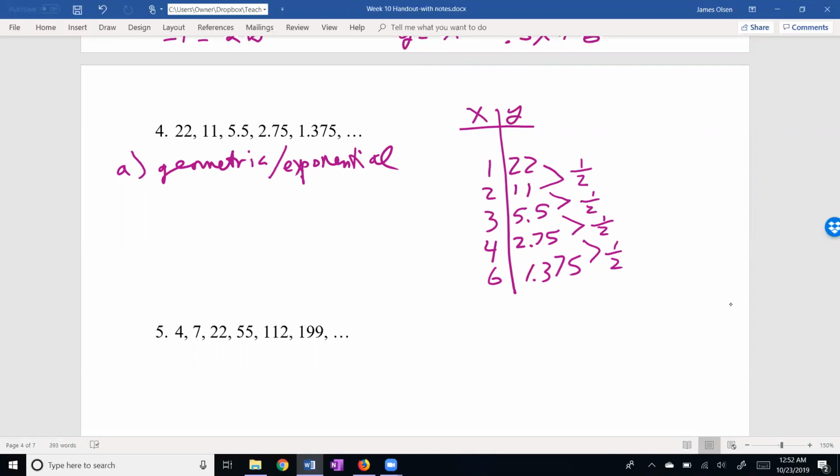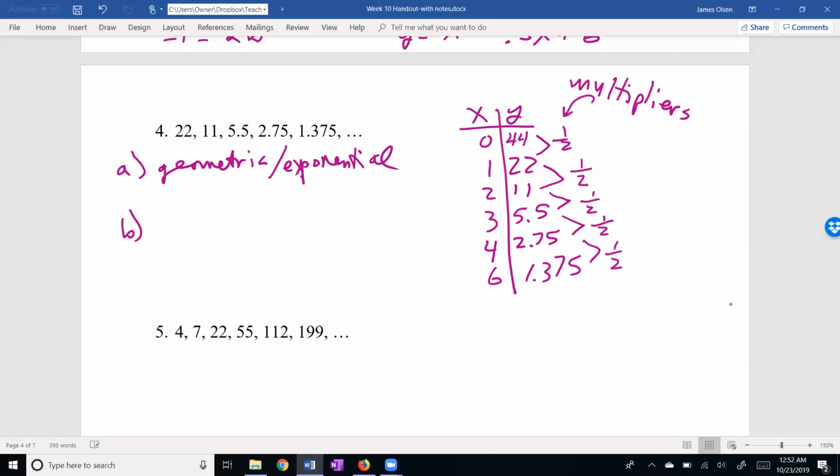So back up here at the 0 point, I'm multiplying by 1/2. These are the multipliers. And so the reverse process of multiplying by 1/2 is multiplying by 2, which means this needs to be 44.